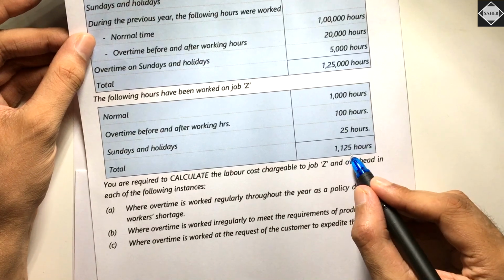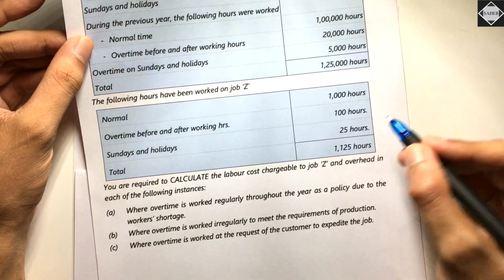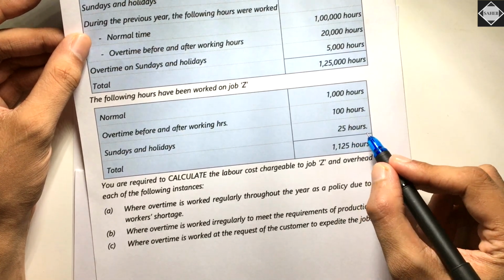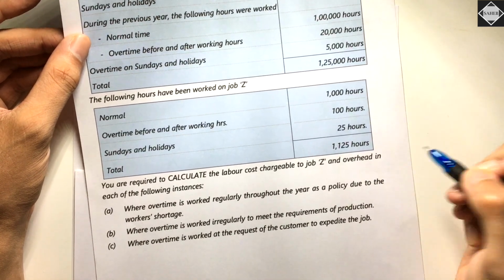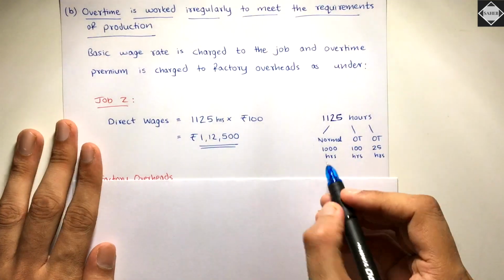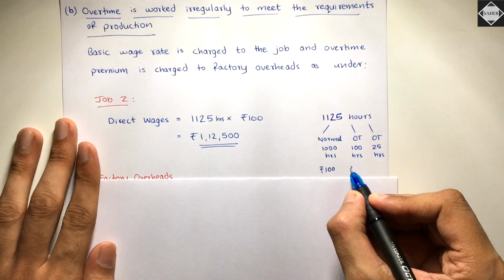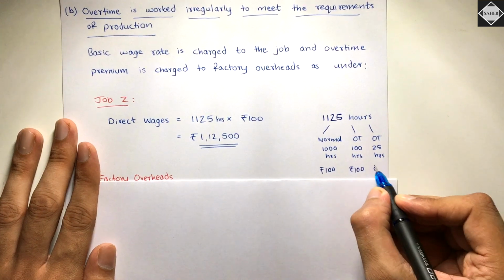In this 1125, there are pure normal hours, 1000 hours, and then there are 2 overtime hours, right? 100 hours and 25 hours. And in these two, the normal element is how much? 100 rupees, 100 rupees, isn't it? Here also it's 100, the pure normal, and here it is the normal element of overtime, which is 100, and here also it is 100.